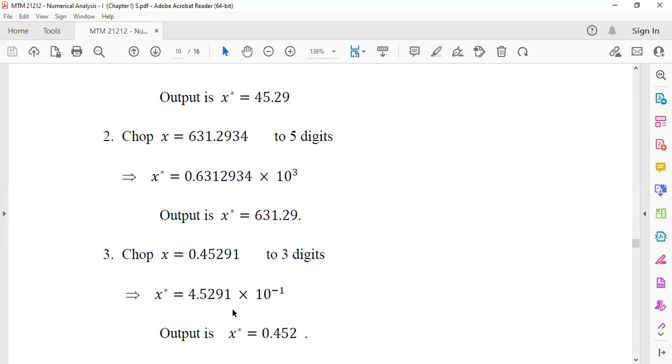Then they are taking out 3 digits: 1, 2, 3. After this one, they cut out. So the remaining answer will be 4.52 times 10 to the power minus 1. So you need to take the decimal to this side, so 0.452.